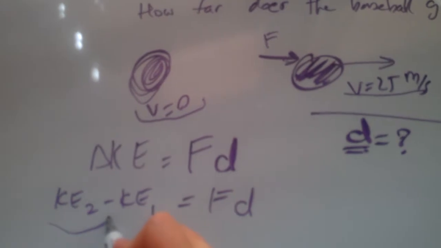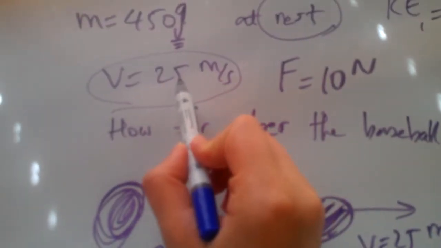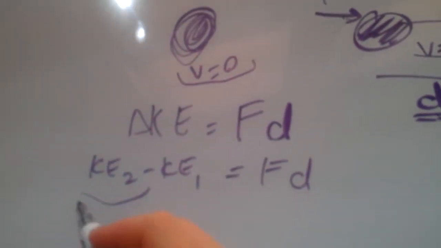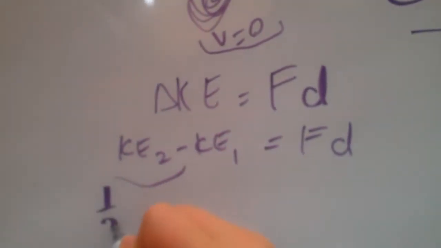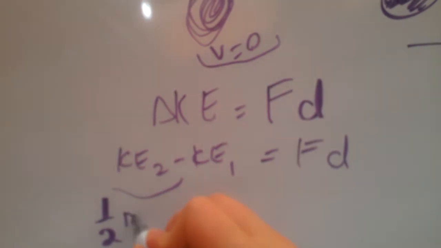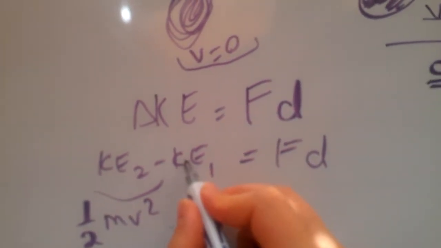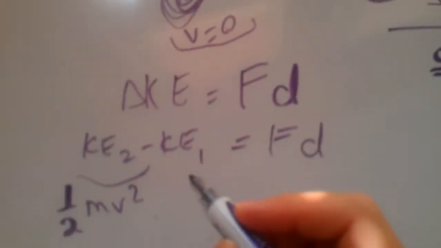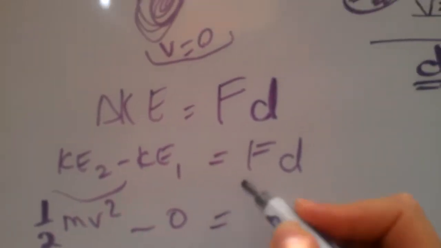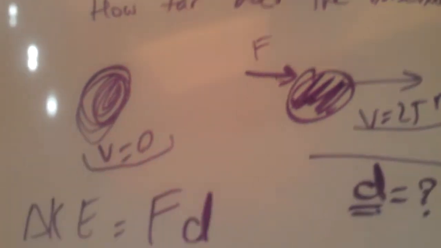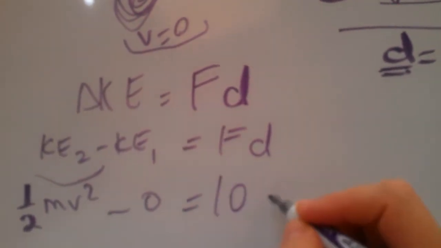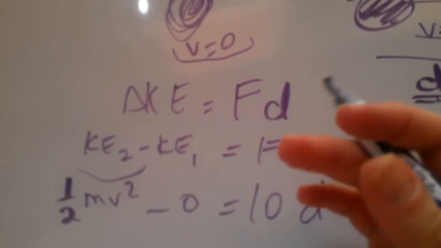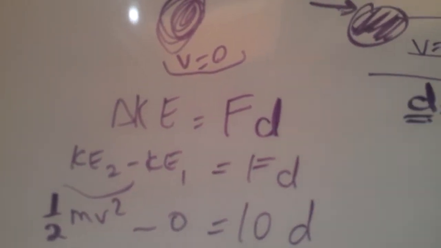The second kinetic energy is the kinetic energy of the ball when it has this velocity. Kinetic energy has this formula of a half mv squared. For the first one it is 0, just because the velocity is 0. And my force is 10 newtons.